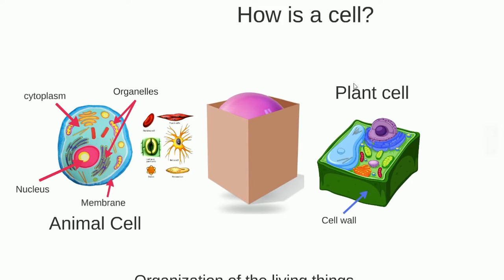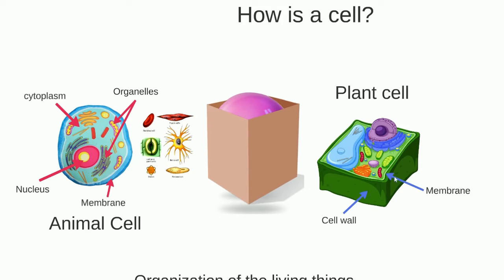Yes, all the cells that we are going to have in a plant are going to be plant cells, but we can have plant cells in other living things that are not plants. I know that sounds weird, but it's like that. So the cell wall is the most important characteristic of the plant cell, but it's not the only one.